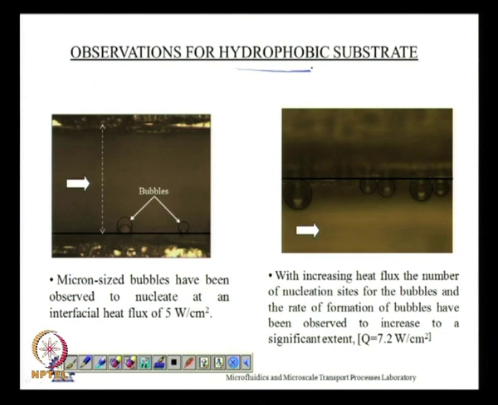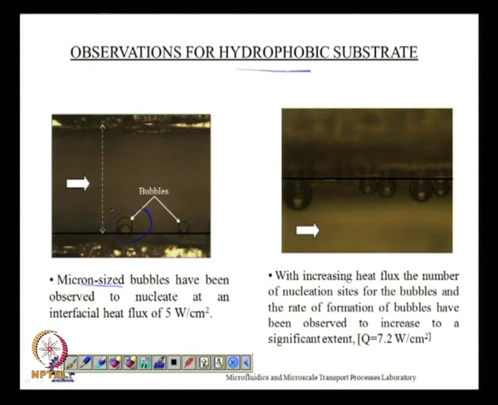So, we focus on the microchannel and we see micron size bubbles right over here. I am not sure whether you can, yes, you can still see it on the screen, that micron size bubbles are formed. Using a microscope we obviously cannot see a nanobubble, but we see micron size bubbles.